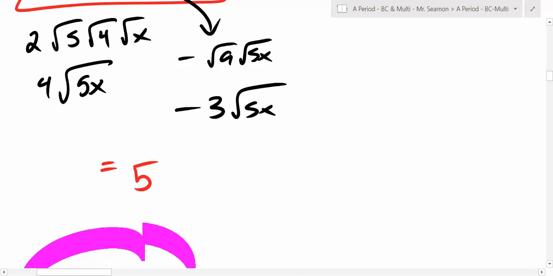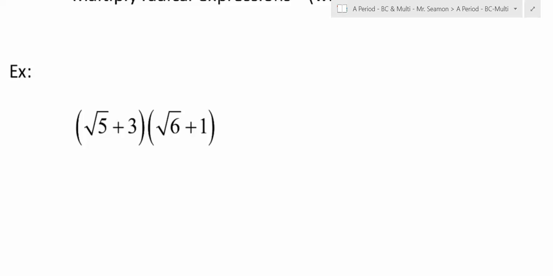Square root of 5x. You see what happens there? You can kind of have faith that most of these are going to work out, and they're not going to lead you into total dead ends. But generally speaking, are you always going to be able to combine nicely like this? Not always, no. If I asked you to multiply this, there's an acronym that sometimes comes to mind when you multiply things like this. FOIL.